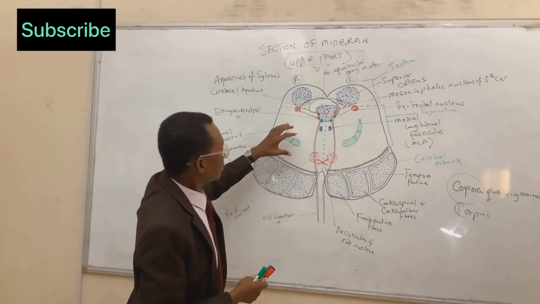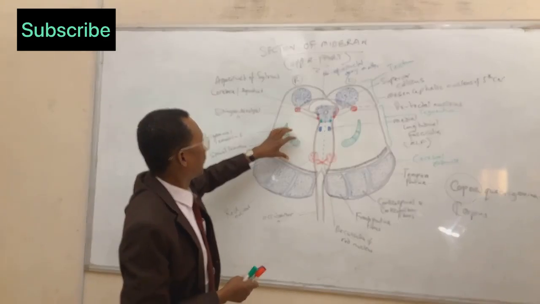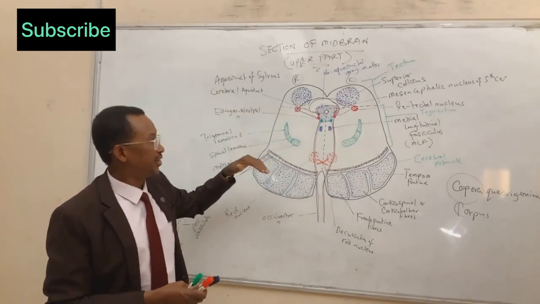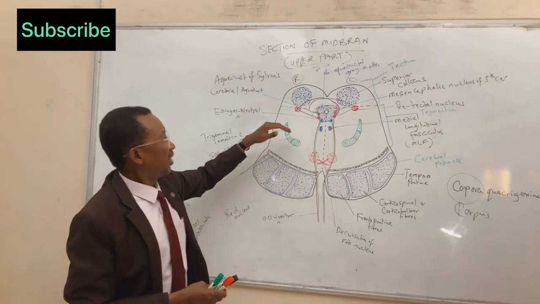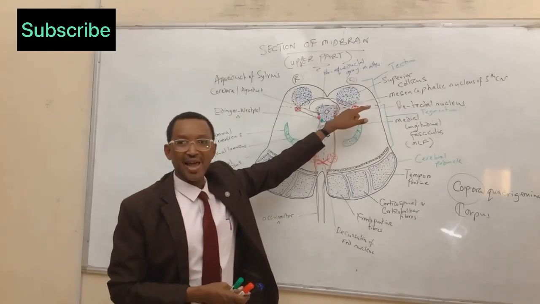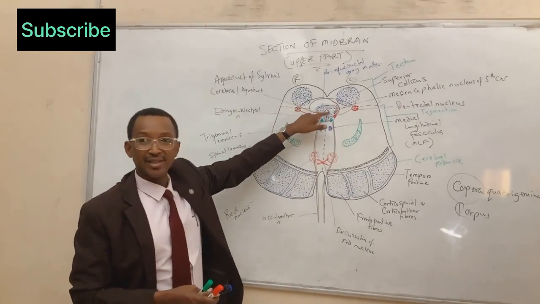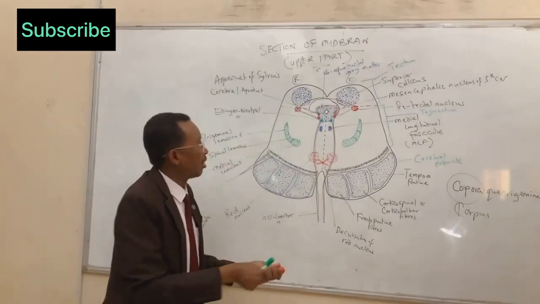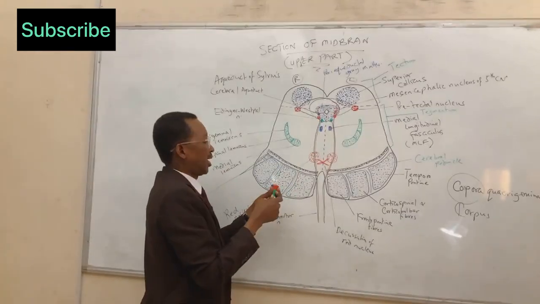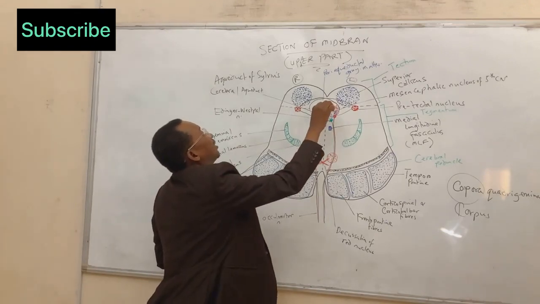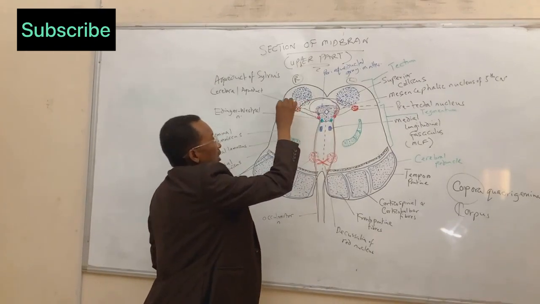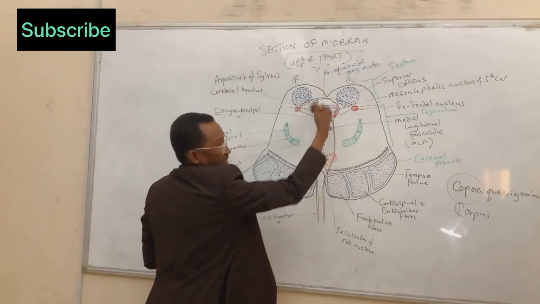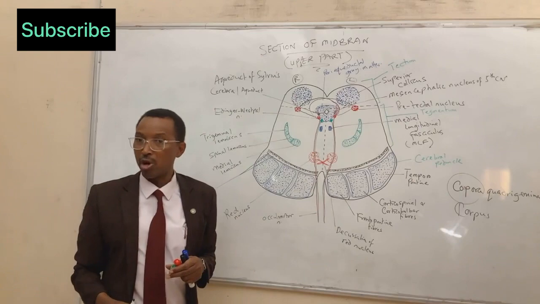So now, if you come to the divisions of the midbrain itself, if you draw an imaginary line just immediately behind the cerebral aqueduct, you imagine a transverse line passing behind the cerebral aqueduct like this. Anything behind it is what we call the tectum of the midbrain.